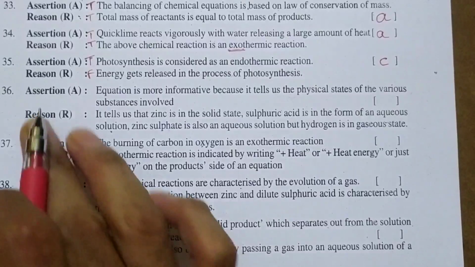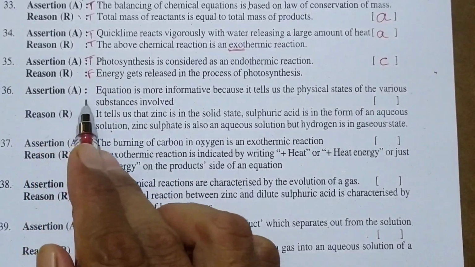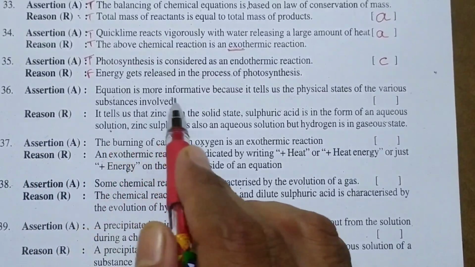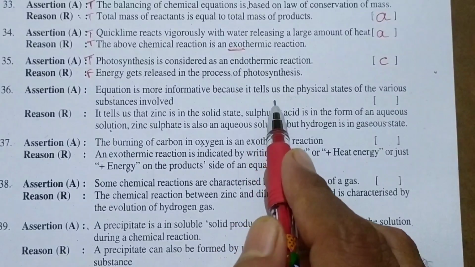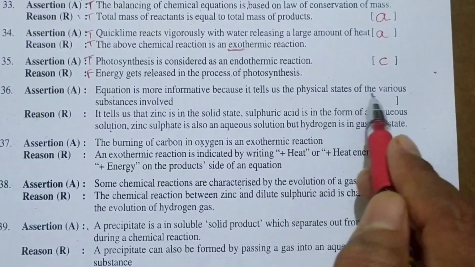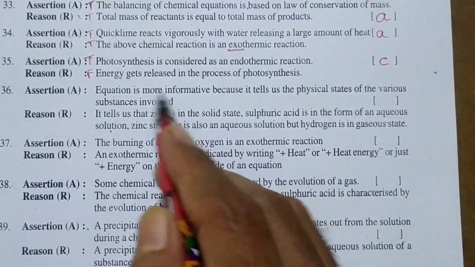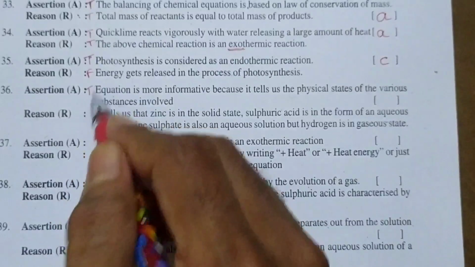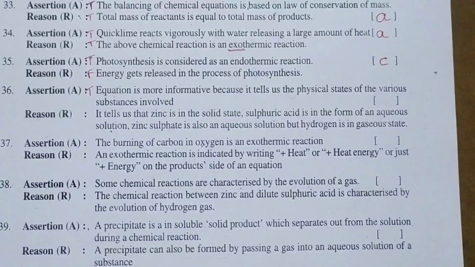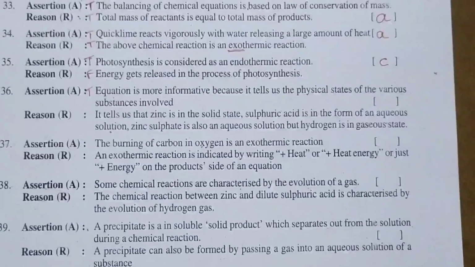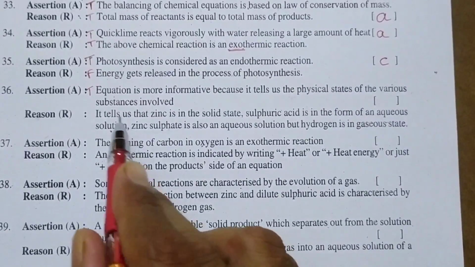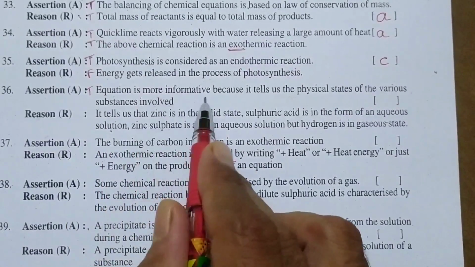Now we see question number 36. Assertion A is given as, an equation is more informative because it tells us the physical states of various substances involved. So this is true. In the equations you can sometimes find S for solid, L for liquid, A for aqueous, G for gas. With that the equation will be more informative.